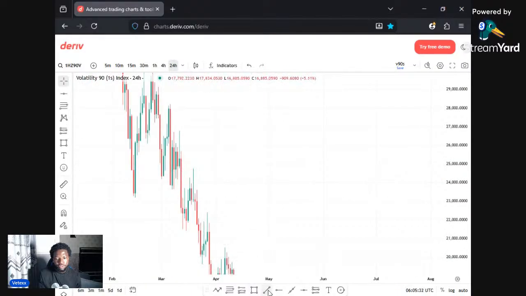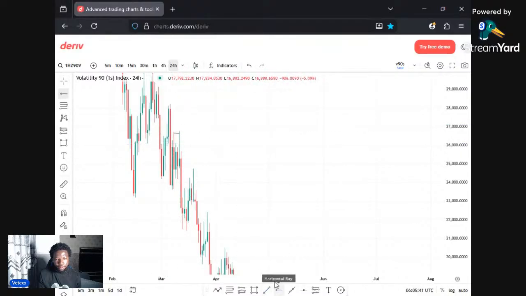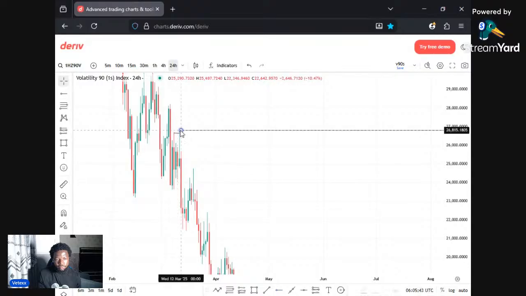We have this. Where is selling from? We have this sweep on the daily time frame. It's our protected high. We have our first break of structure, which is this.